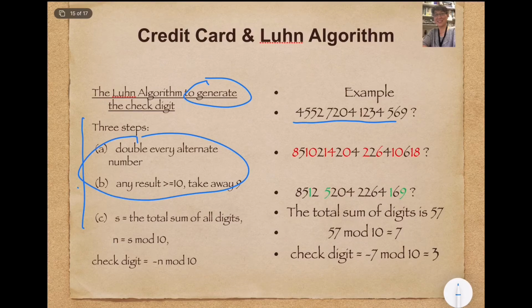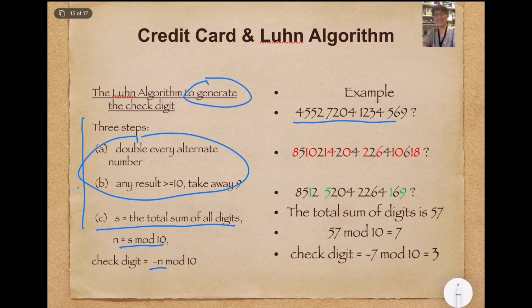We double the numbers, work out the sum, and take away 9. The only difference is when we reach the third step: we add them all up and then do the mod 10. This time we take the negative value, and that will be the final result.